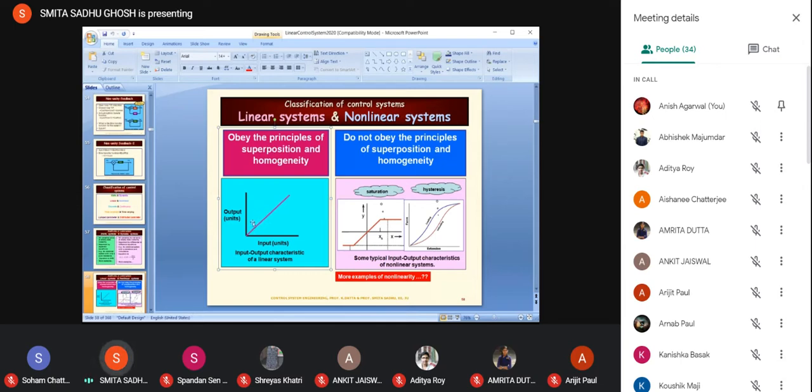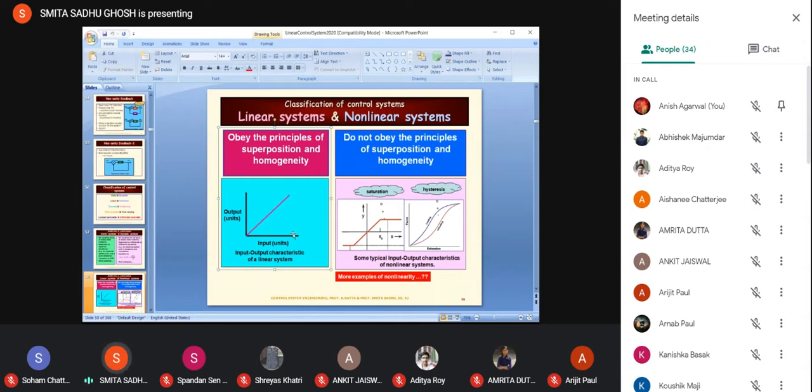Now before I go to the other thing, please note something which is very important, that is the axes over here, the output and the input. It is not the time response, mind you. So do not confuse this characteristic that you see on the left hand side with the time response, which is, say for example, a ramp input or something like that. That is also going to look like a straight line through the origin, but there it is the response which has been plotted versus time.